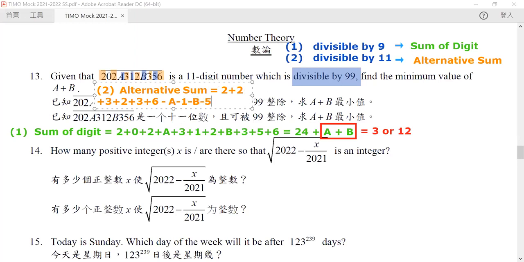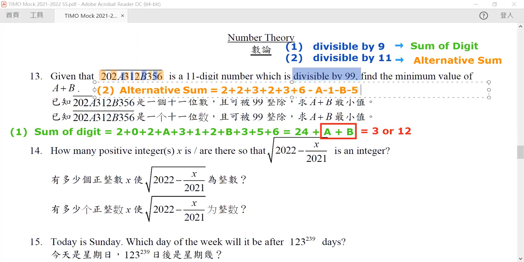So this number should be divisible by 11. But what exactly is this number? If you sum all the numbers before it, you will see that this number is equal to 18 minus 6, so it will be equal to 12 minus a minus b.